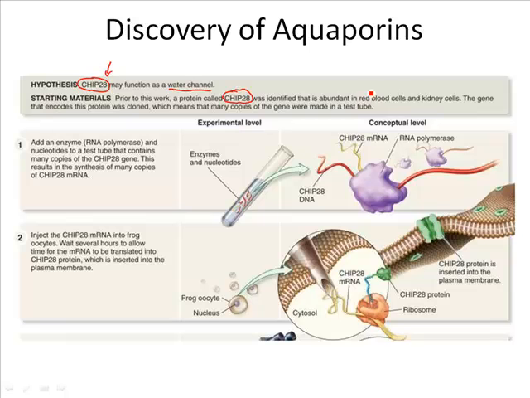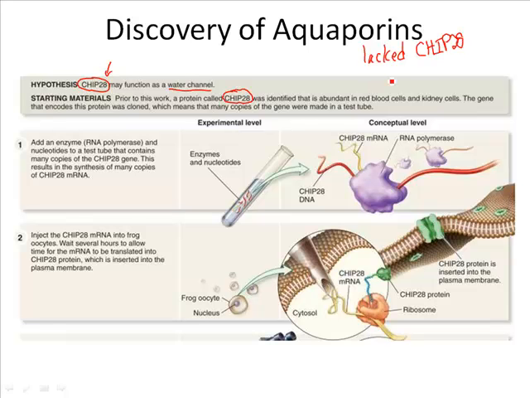So now we have a protein found in cells involved in water balance. Possibly CHIP28 was involved as a water channel. So what they needed to do is establish a cell that lacked the CHIP28 protein.